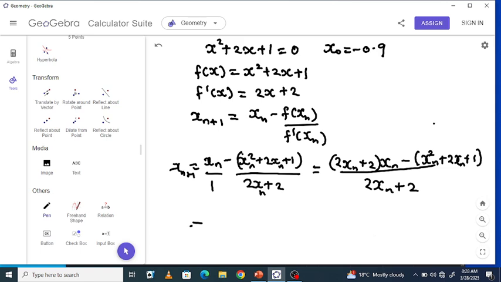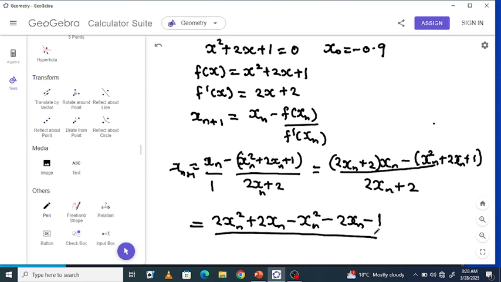When you simplify that, you will get 2xn squared plus 2xn minus xn squared minus 2xn minus 1. And the main reason you're doing this, you just want to simplify and get one simple equation that we can work with.